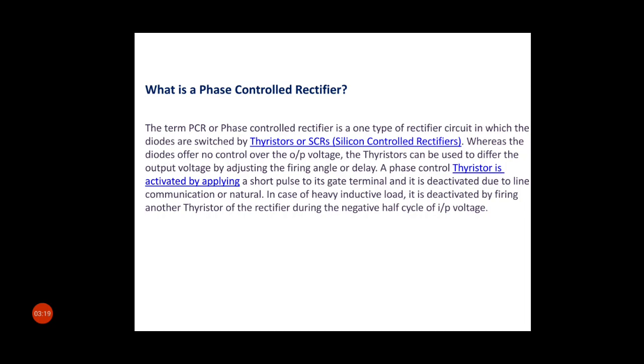Basically, we have studied rectifiers using a diode.